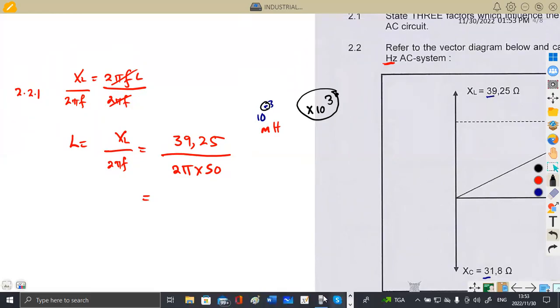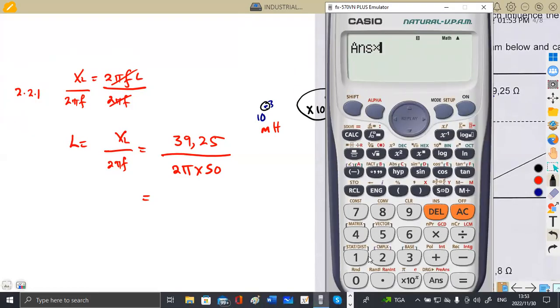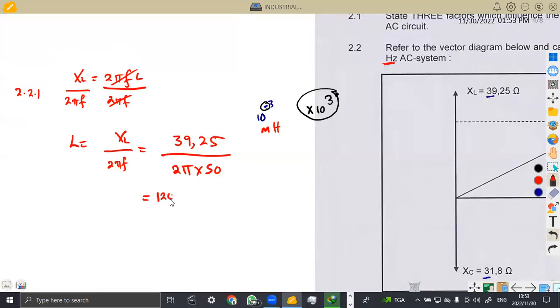So from this answer that you have, simply multiply by 10 to the power of 3, and we are going to have 124.937. Automatically, this answer is now in millihenries.